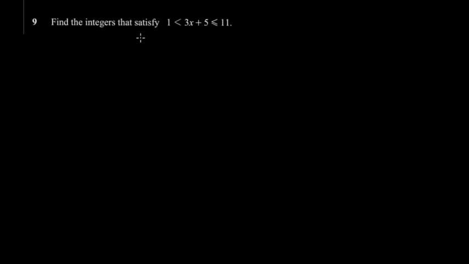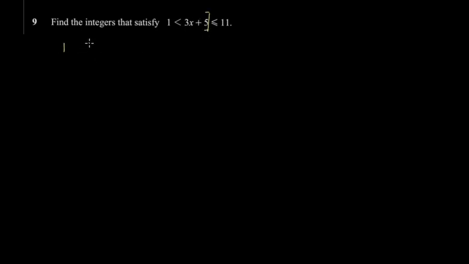So inequalities, you're asked to find the integers that satisfy this inequality. This is a combination of two inequalities, okay, where the central term here is common between this and this, okay? So first you can have this inequality stopping here.